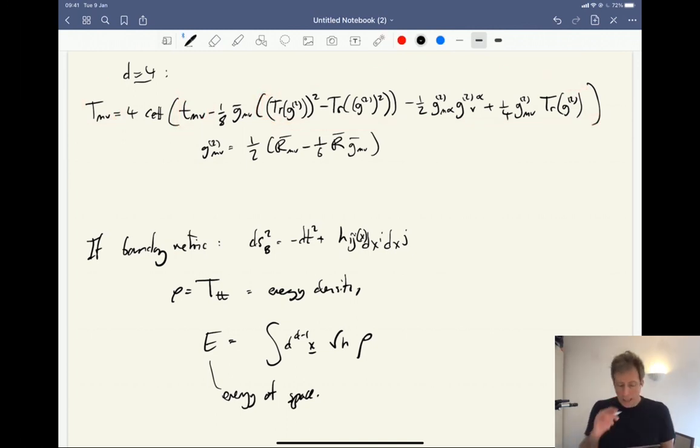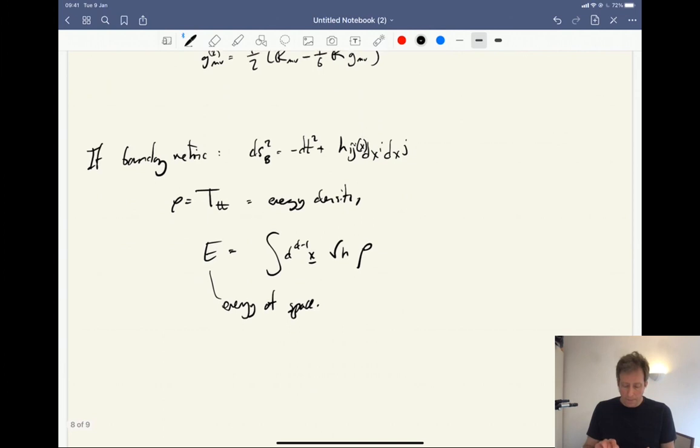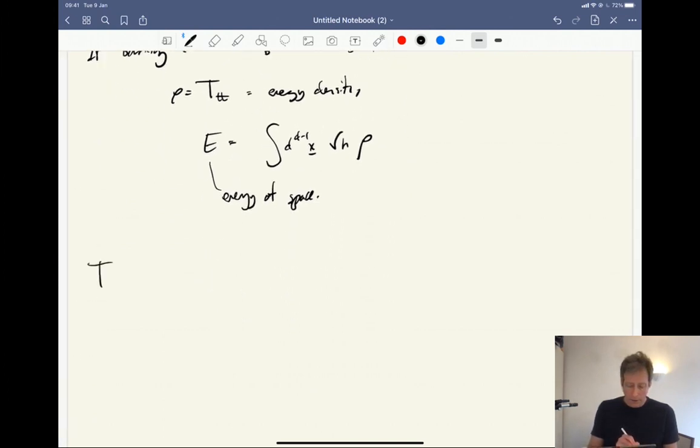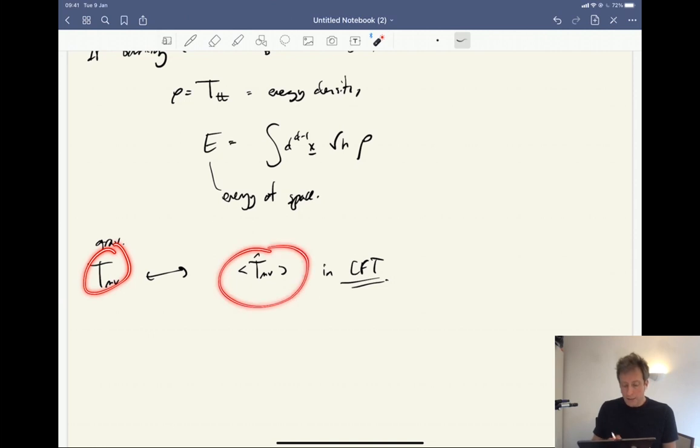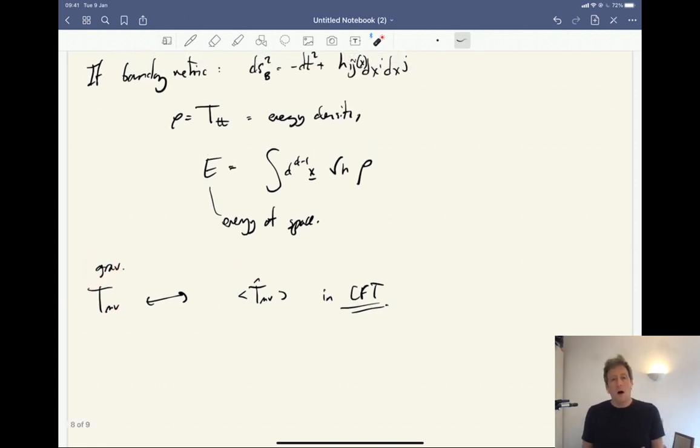Something I should have said is that the boundary stress tensor, T mu nu, in the gravity is equal to the expectation value of the stress tensor operator in the CFT. So in AdS-CFT, calculating this really is calculating the expectation value of the stress tensor in the CFT, in whatever state the CFT corresponds to that bulk geometry in the gravity.